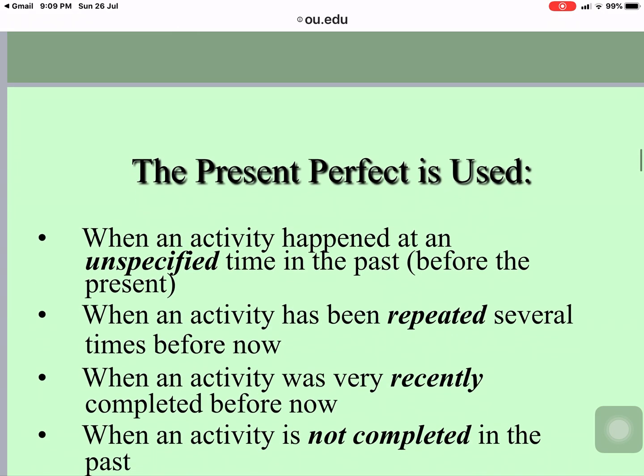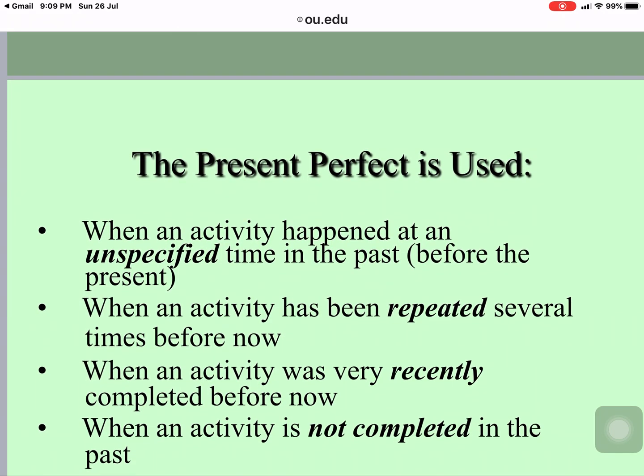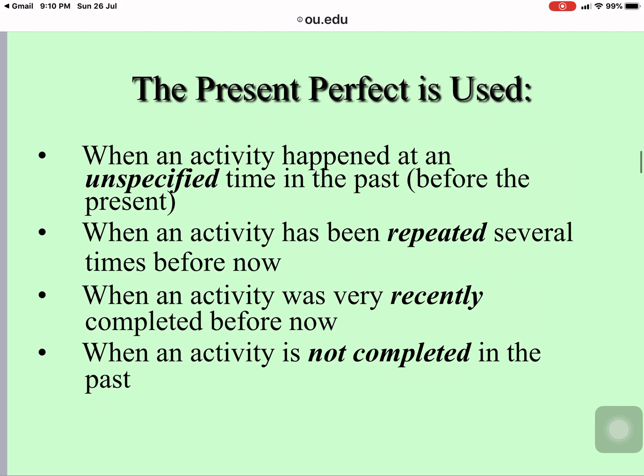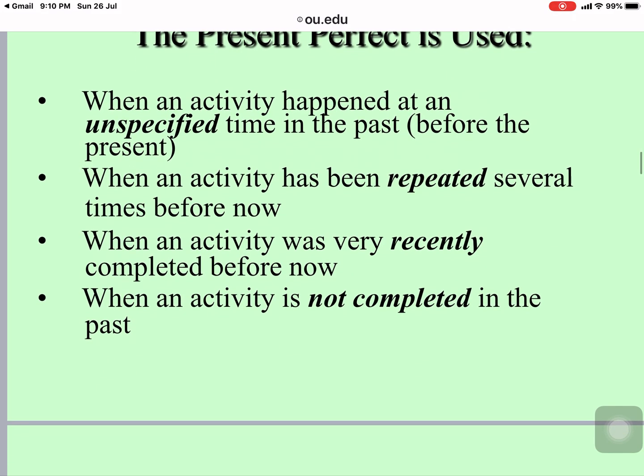Where is present perfect tense used, or what kind of action is expressed through present perfect? Let's see. When an activity happened at an unspecified time in the past before the present, or when an activity has been repeated several times before now, when an activity was very recently completed before now, when an activity is not completed in the past.